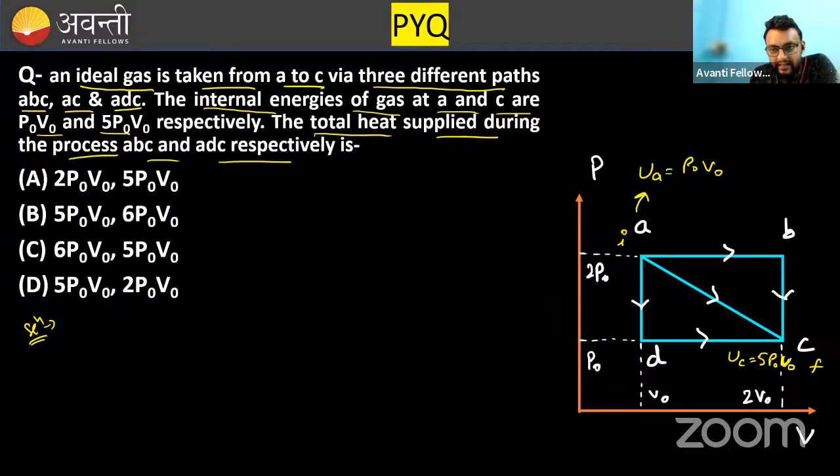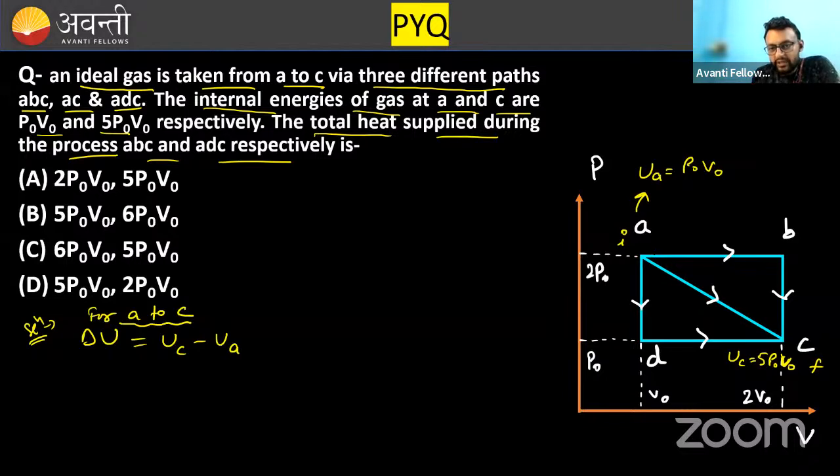Can you see that this is a cyclic process? If I talk about the complete process, delta U for A to C is U final minus U initial.